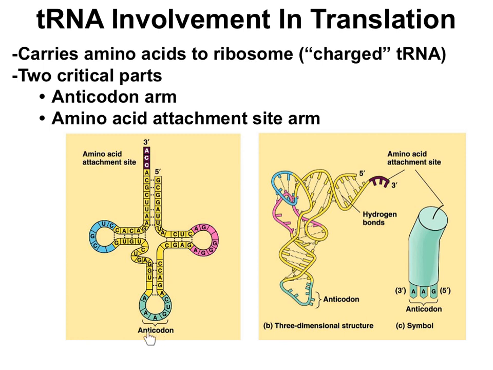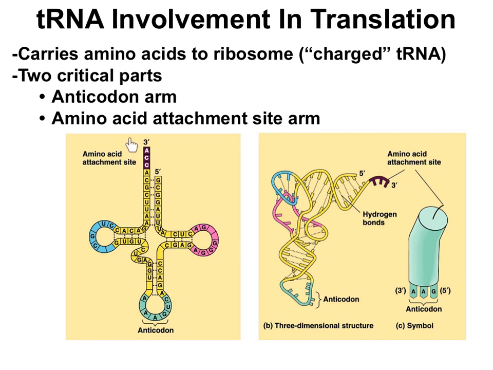One end is the anticodon arm, and the anticodon arm has nucleotides that are complementary to the codon on the mRNA. By matching up with the codon on the mRNA, the tRNA brings an amino acid into the mix.